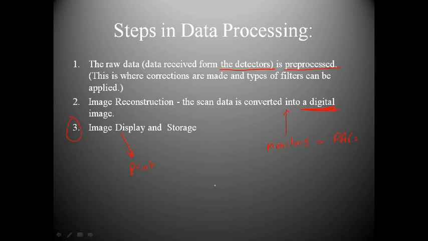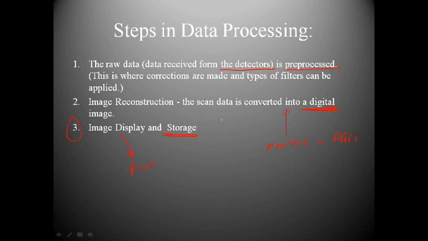It's actually on a piece of film, and so that drastically changes things. And then, how do you store these? What methods are you going to use to maintain these images and keep them around so that they don't just basically fall off and never be able to be accessed again?